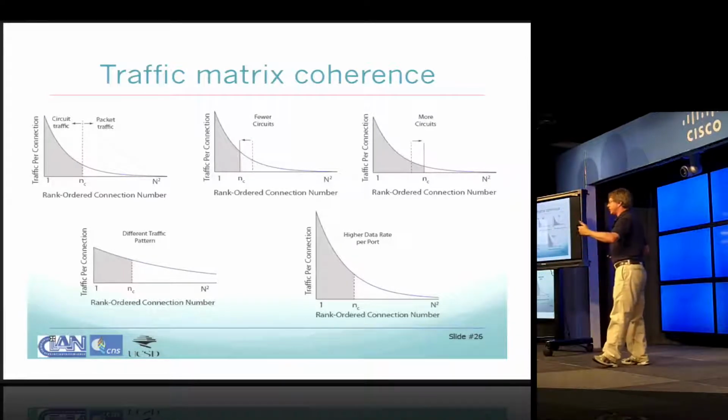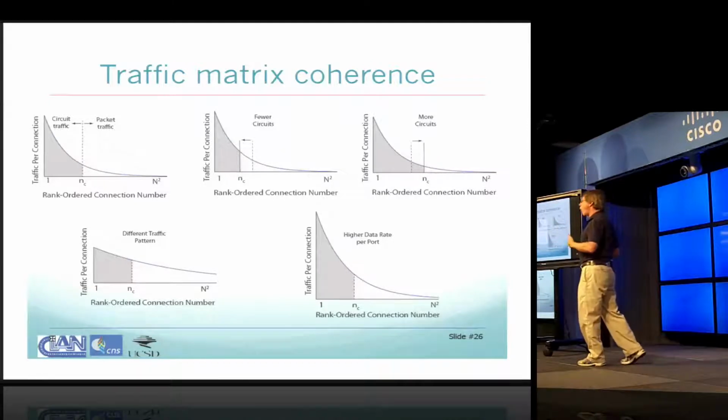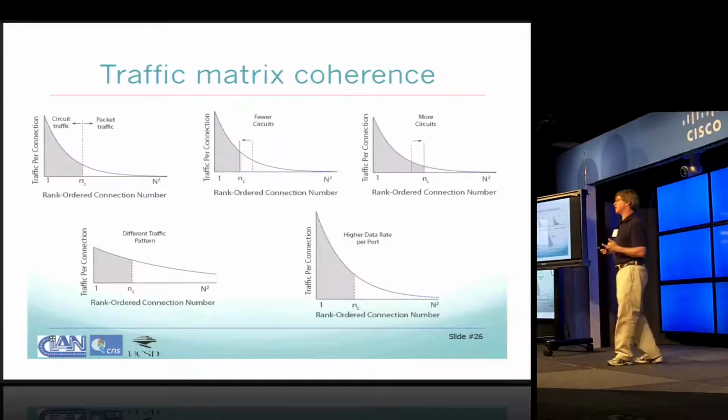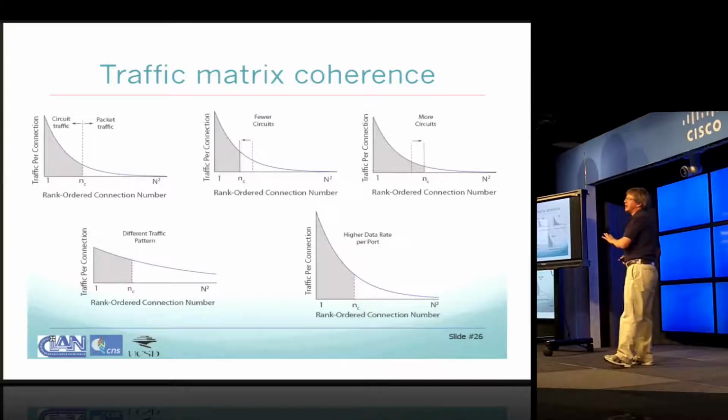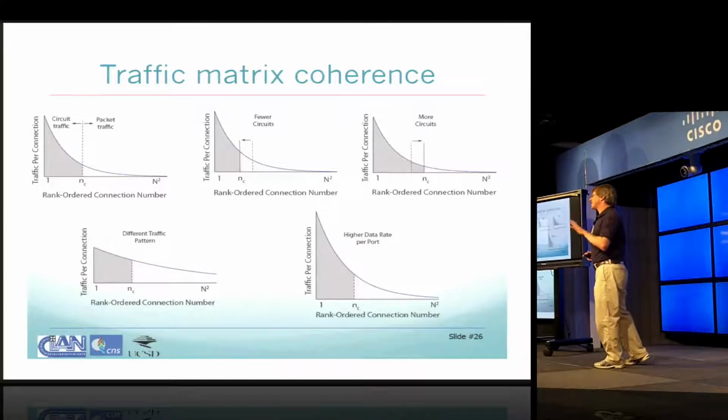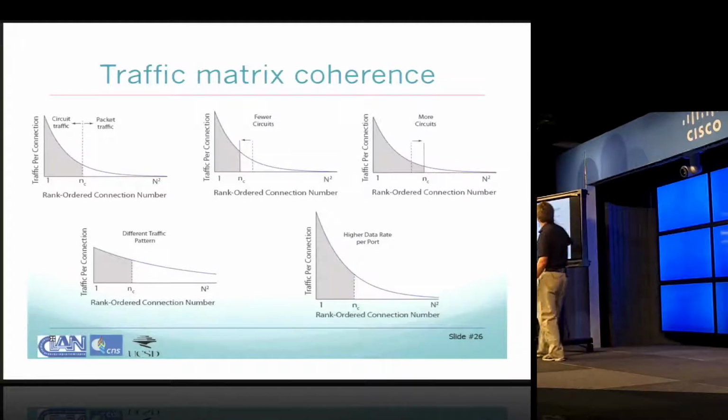If I run a faster circuit switch, I can cover more of that total demand with my circuit. So irrespective of what the burstiness is, faster is always better. But you don't necessarily need it to be fast enough to cover the complete number of connections. As I begin to move this around, I can have fewer circuits. I cover less of the network, which means more of it has to get routed up the packet network, depending on if I have different traffic patterns.